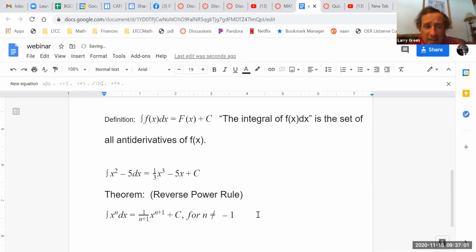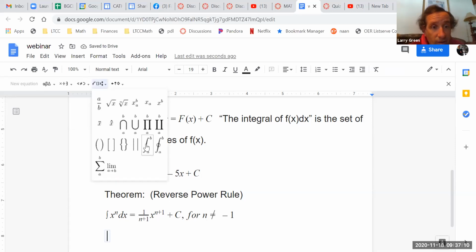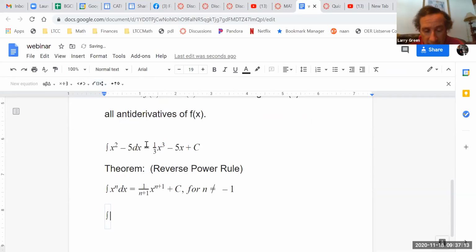And in fact, for n equals -1, let's see if we can do that one. You better be able to. So we're going to take the integral of x to the -1 dx. And do not give me 1 over 0 x to the 0, because that doesn't work. We can't use the reverse power rule, but you can tell me what it is anyway.